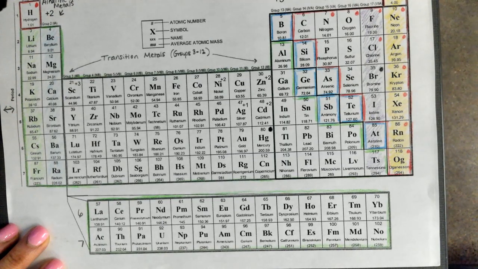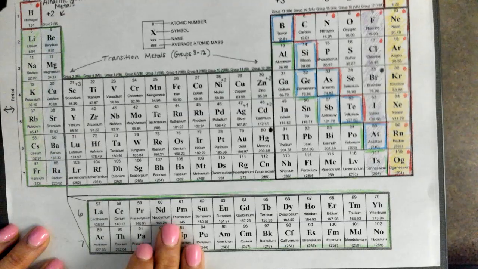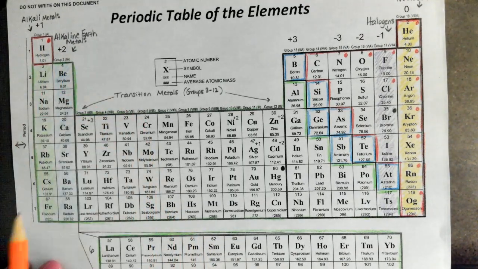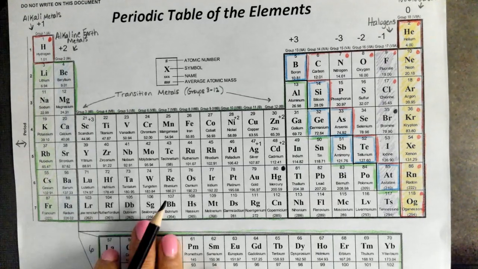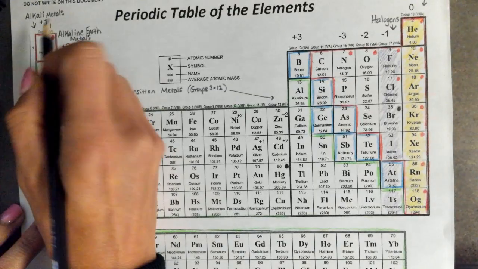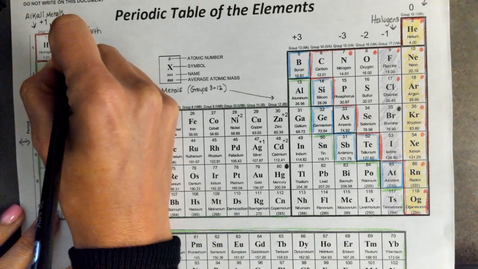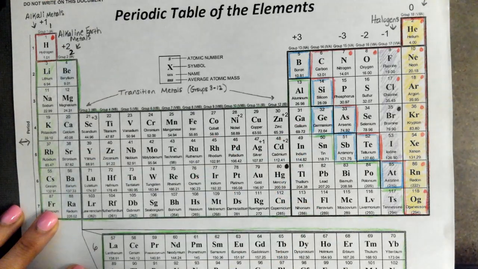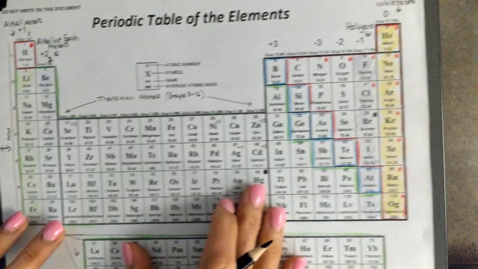All right, now we're going to go ahead and label our valence electrons. So our valence electrons, they go with what group number we have. So I'm going to use a black crayon, and I'm just going to write 1 above group 1, 2 above group 2. The number of valence electrons will vary in the transition metal group.